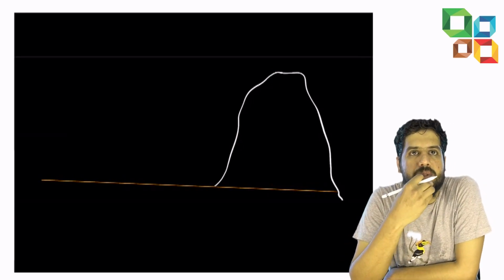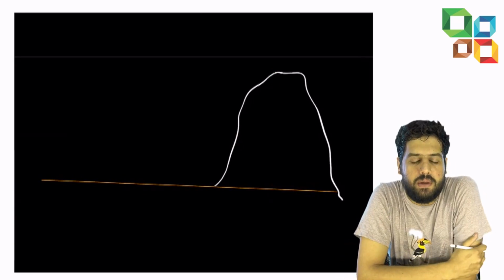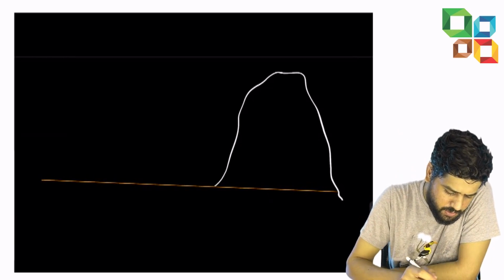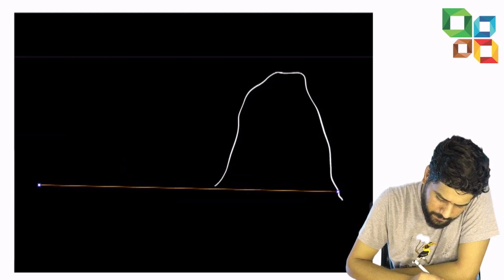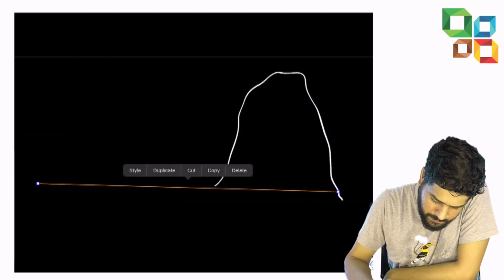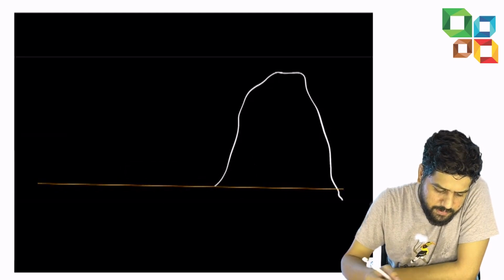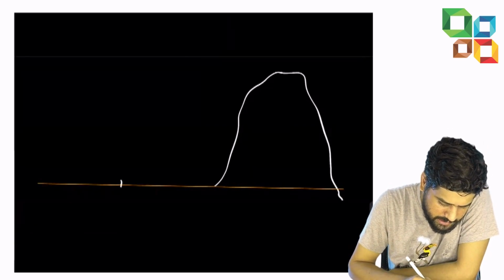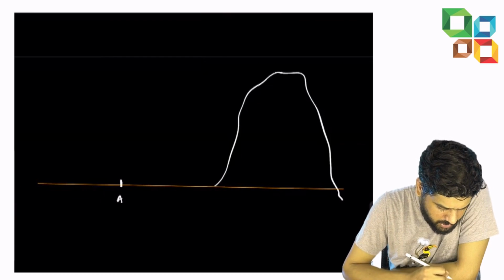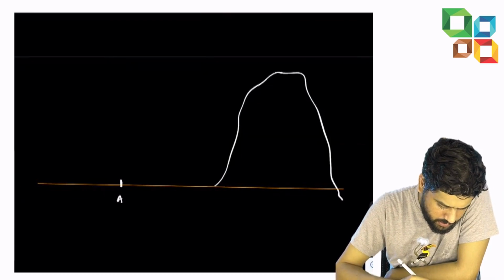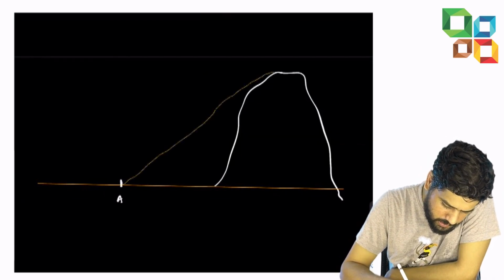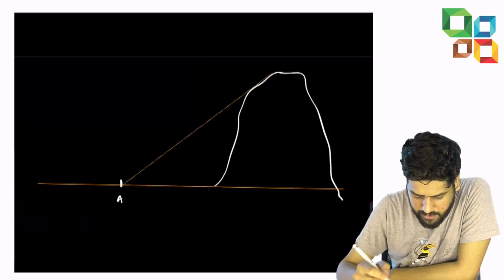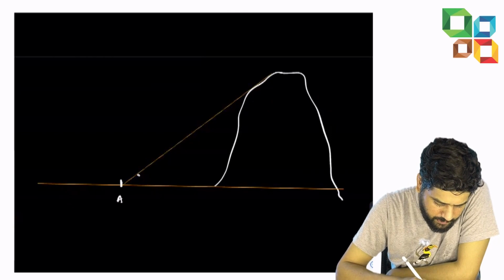Can someone suggest what we could possibly do? Any measurements that we could do? One of the measurements that we clearly can do is, if we stand at, say, this position A, we can draw this angle and calculate it.